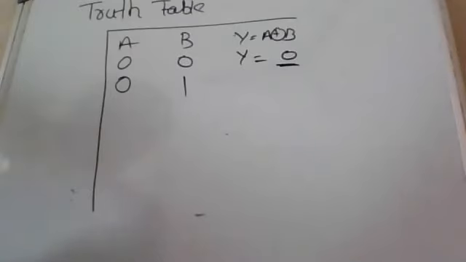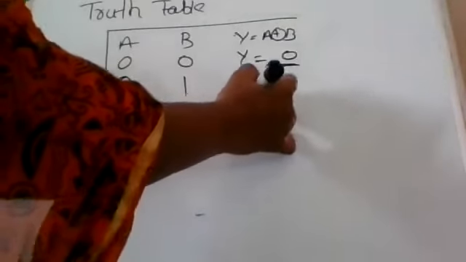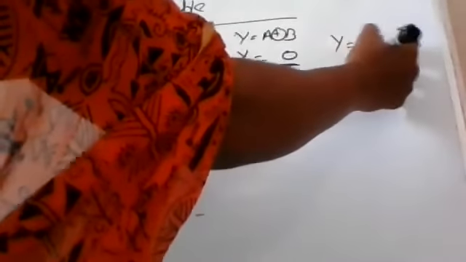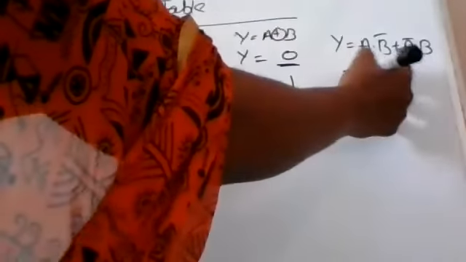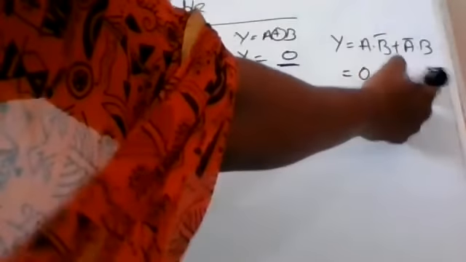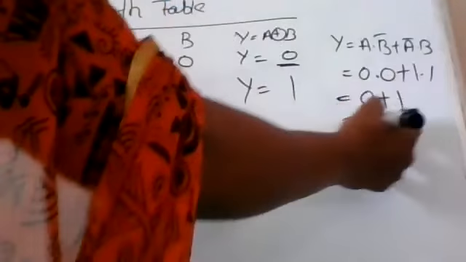A input in 0 and B input in 1 condition. What is the output? Y equal to 1. So Y equal to A dot B complement plus A complement dot B. 0 dot B complement 1 complement 0, plus A complement 0 complement 1. B means 1. 0 dot 0 is 0, plus 1 dot 1 is 1. 0 plus 1, 1.